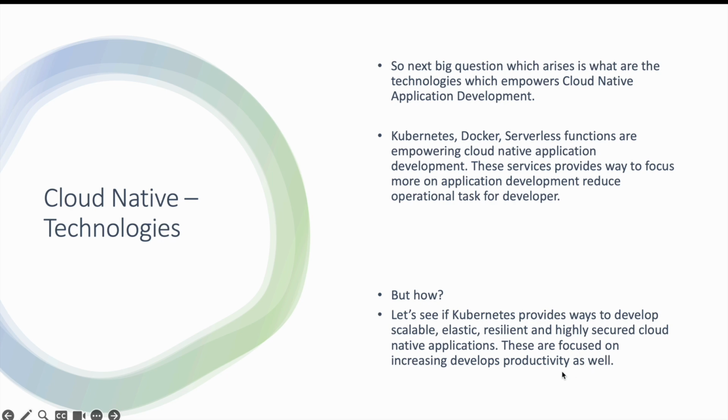These are focused on increasing developer productivity as well. So we are going to look into Kubernetes, whatever attributes or properties of the cloud native application that we saw so far. We will see if Kubernetes really helps to achieve all those things, including the service orchestration, that is microservice orchestration.